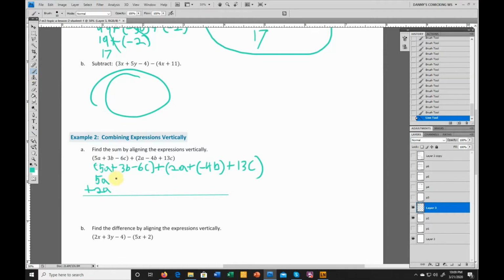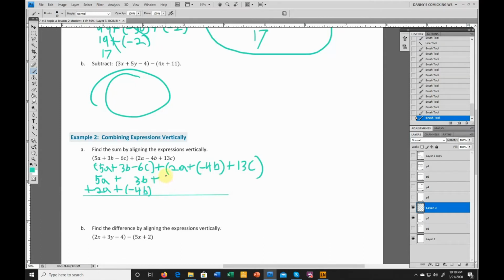And this is plus 3b, and we have our minus 4b. Now you see, now that explains why we made the 4b a minus, because you can see what it will immediately do to our 3b.